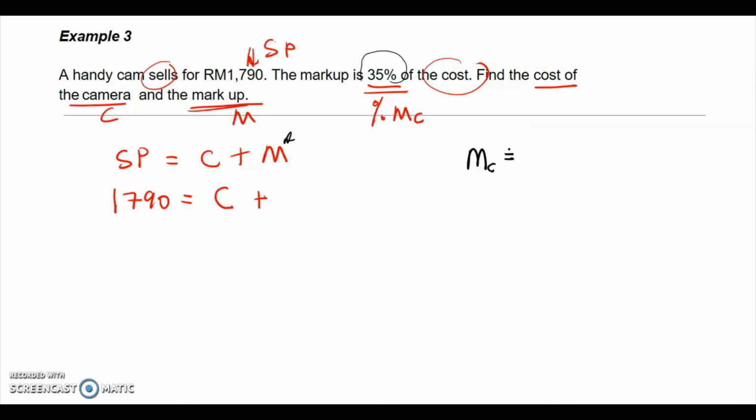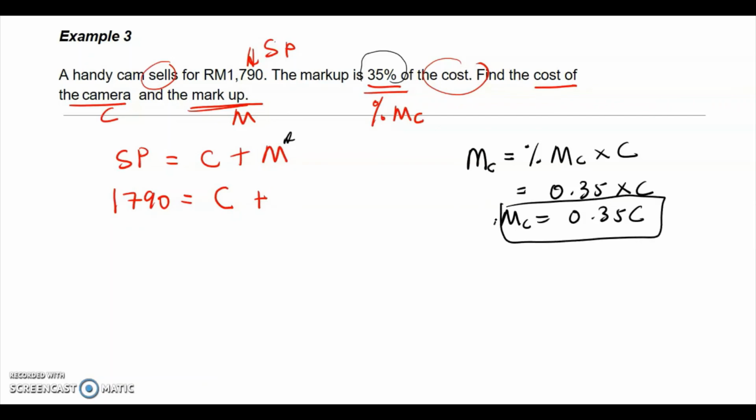To find this amount of markup, the formula is percentage multiplied with the cost price. So the percentage is 35%, 0.35 multiplied with C. So 0.35C is the amount of markup based on cost price. Now you need to substitute this value into this equation. So M here is 0.35C.